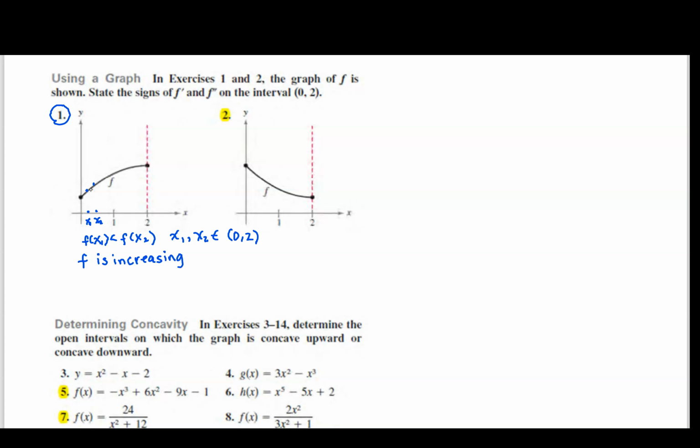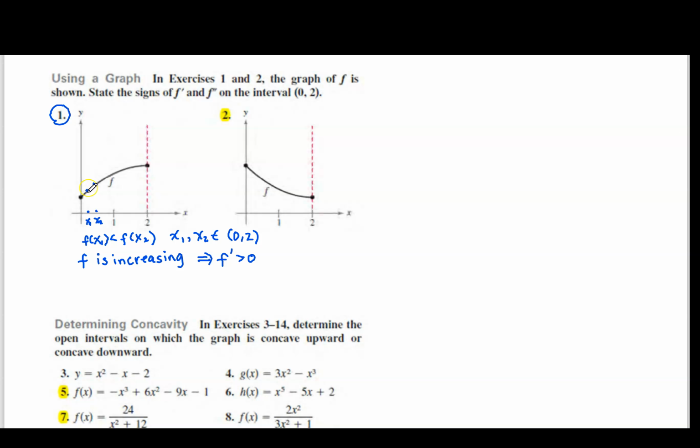Since the function here is increasing, we know that f prime is greater than 0. That means the sign of the first derivative on this interval is greater than 0. And also, by just looking at the graph, this function here is concave downward.